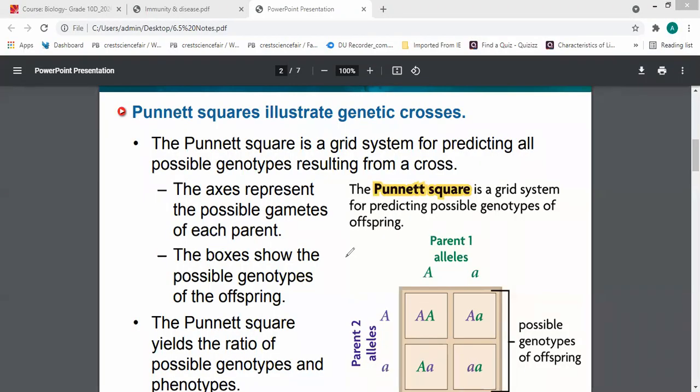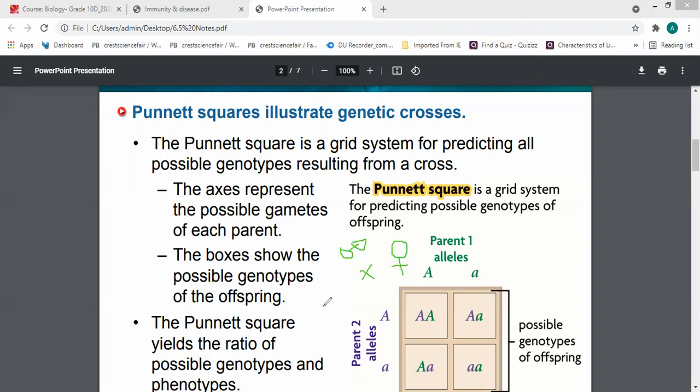For the prediction of offspring, we have two parents, one male and the other female, and a cross between them. Firstly, we write the genotype for the gametes.